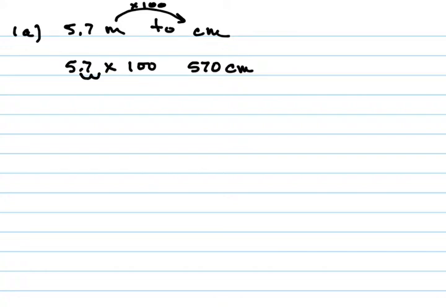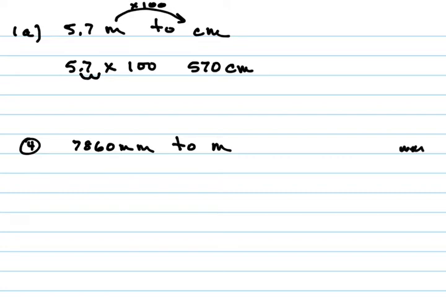Now, let's look at another one. So here, this is number 4 from your homework. It's 7860 millimeters to meters. So we're going from millimeters to meters. So am I going from a small unit to a large unit, or a large unit to small? Small to large, right? And it's millimeters to meters.